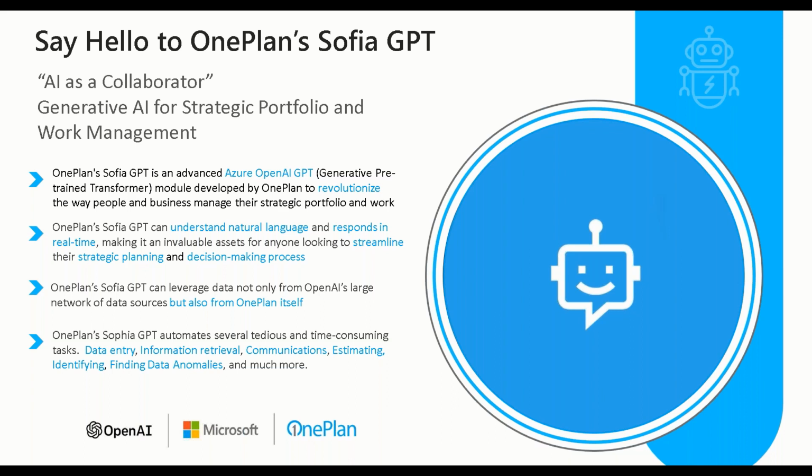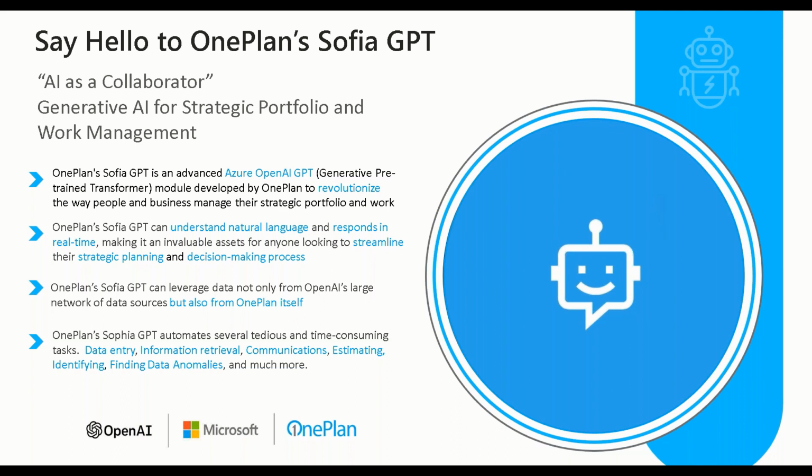This is a much more secure environment, protected by the benefits of Microsoft Azure tenancy and security, and very similar to the way our SaaS solution works in terms of our data protection. We're making sure that you have the same level of comfort that we provide with our SPM solution as you would with the use of this specific feature.